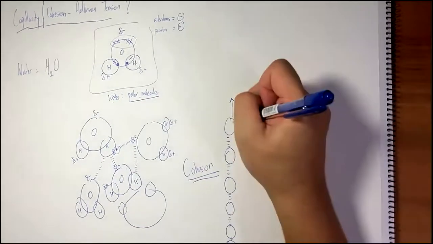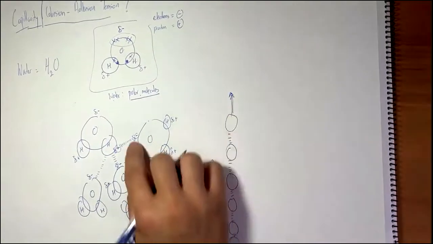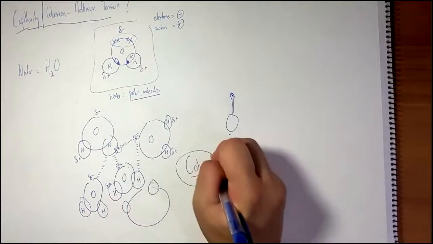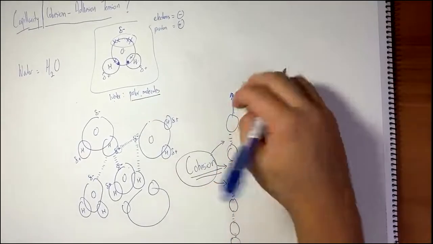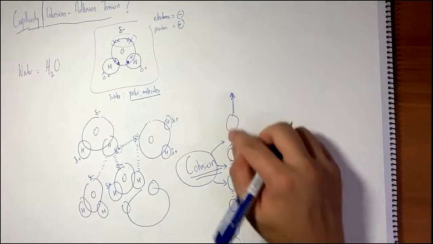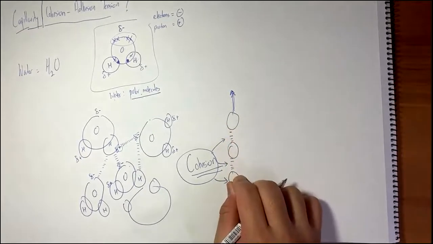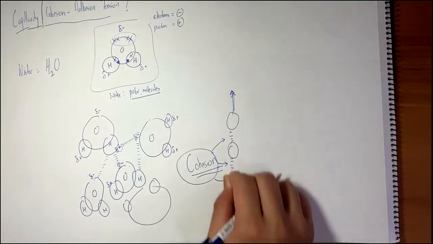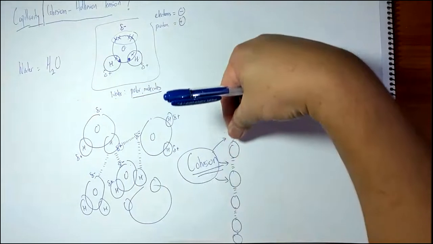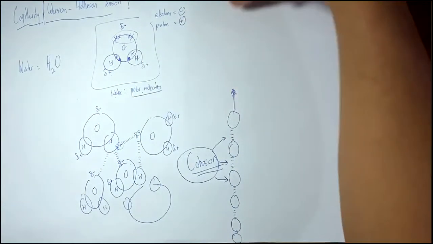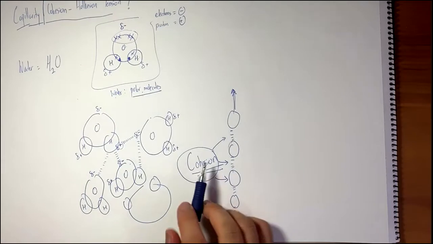If you pull one water up, because of the cohesion property going on, the water below will also go up, and the next one below will also go up. So it's like when you are trying to pull a string of water. So this is what we call cohesion, right?